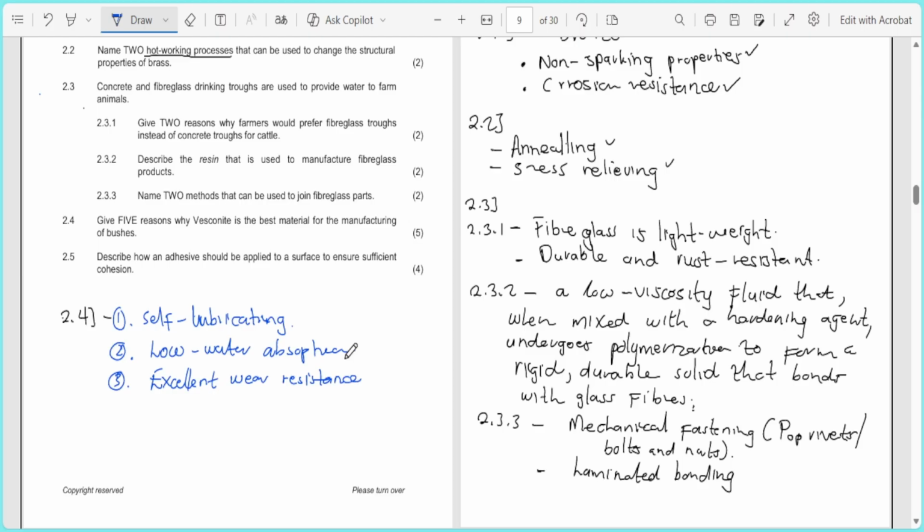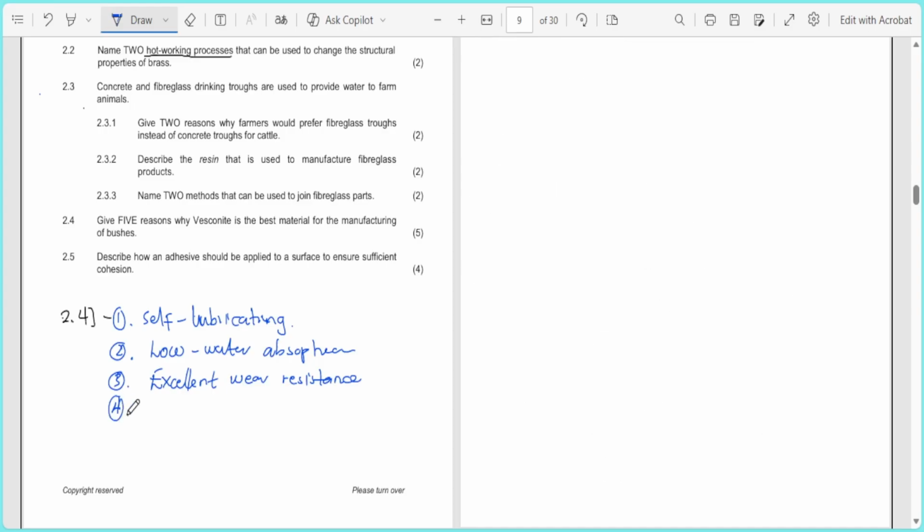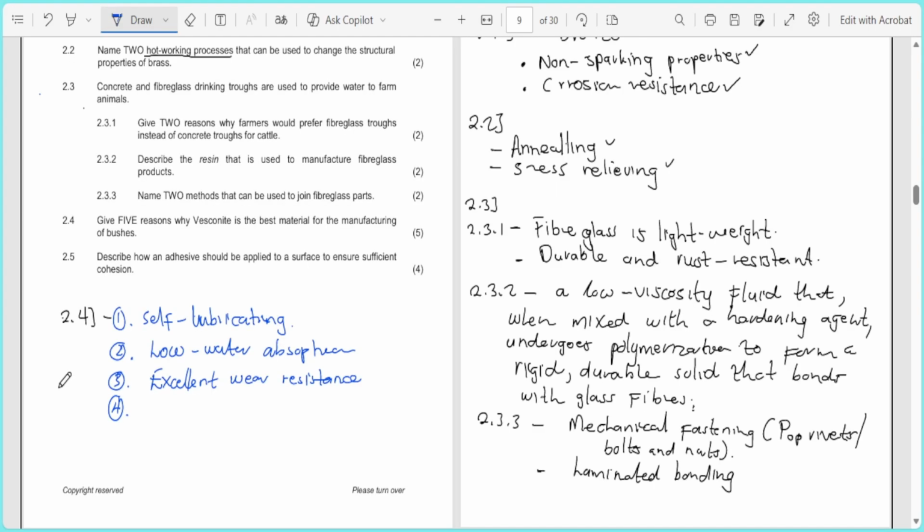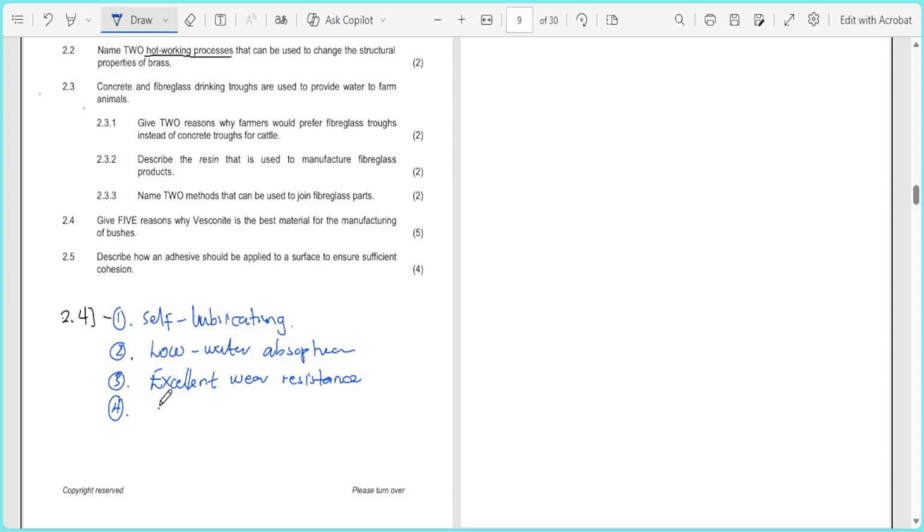So in a case where soil and sand are involved, it is good at withstanding such wear and tear.